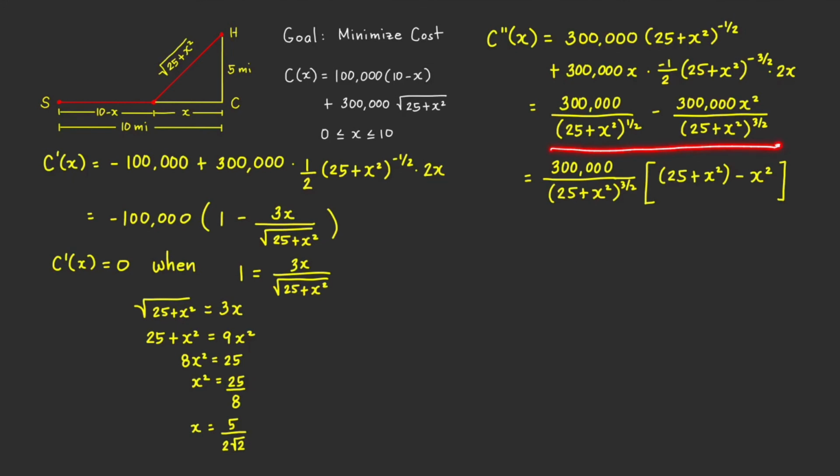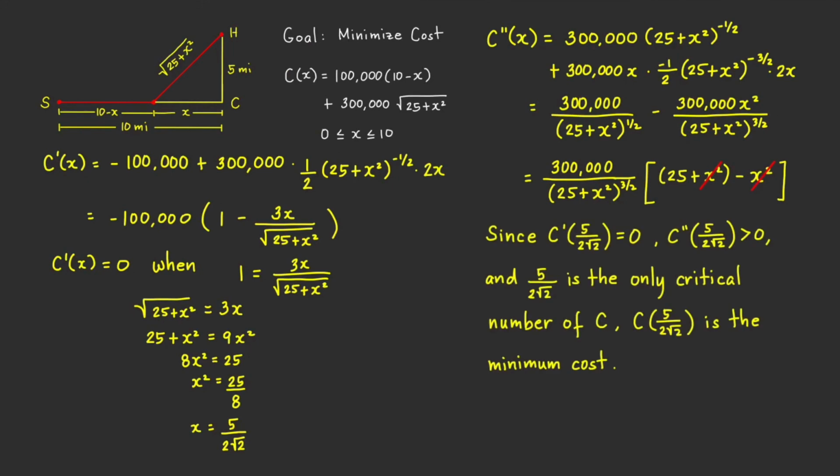When we factor out 300,000 over 25 plus x squared raised to 3 halves, we can write the remaining factors as 25 plus x squared minus x squared. As you can see, x squared minus x squared is just equal to 0. Therefore, the second derivative, C double prime, is always greater than 0.